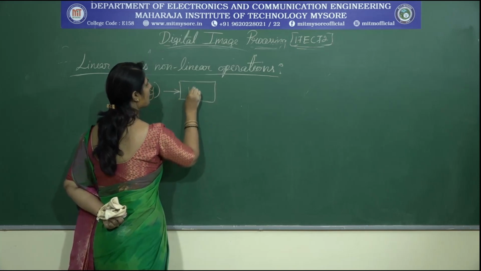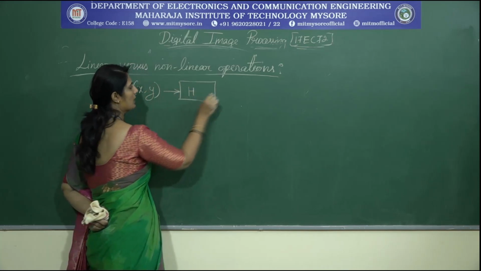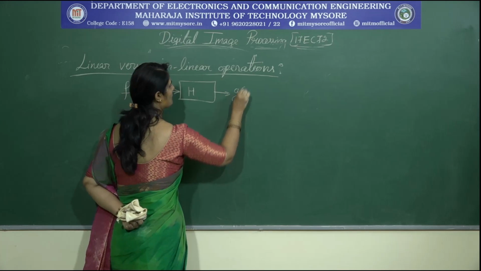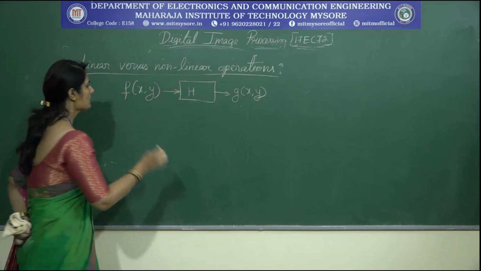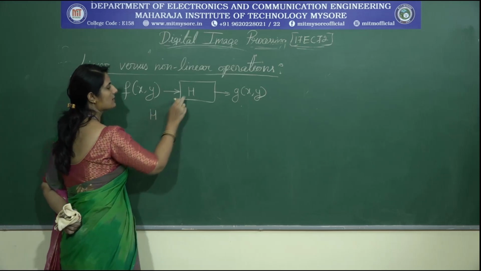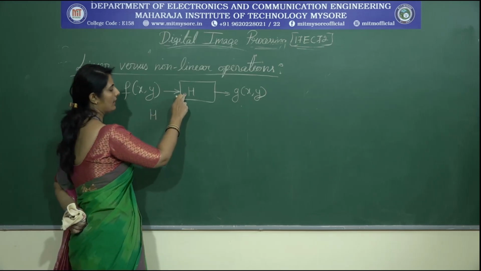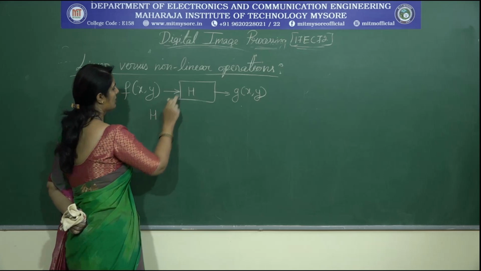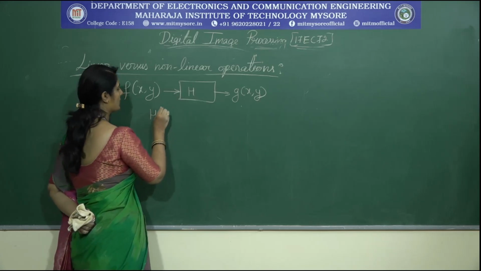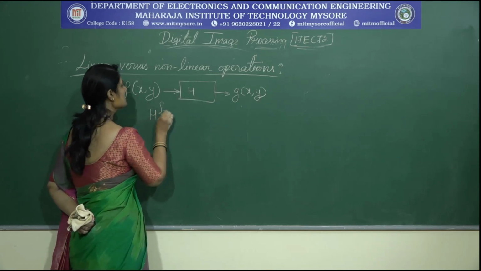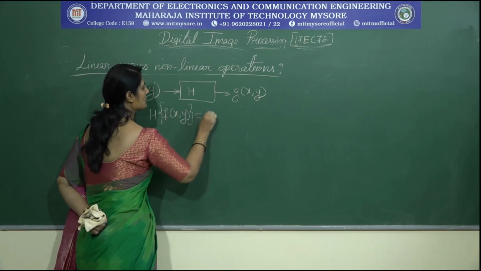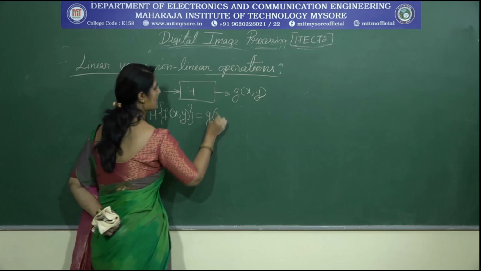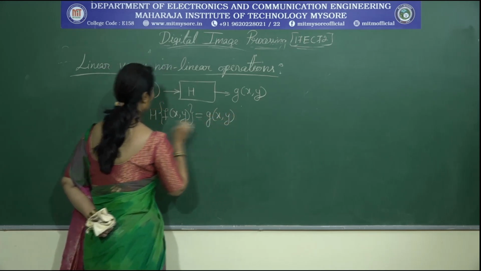I am performing some operation h on this input image and this produces the output g of x comma y. Okay. So this h can be any operator. So when performing some operation h on this input image f of x comma y, this produces the resultant image, that is g of x comma y.